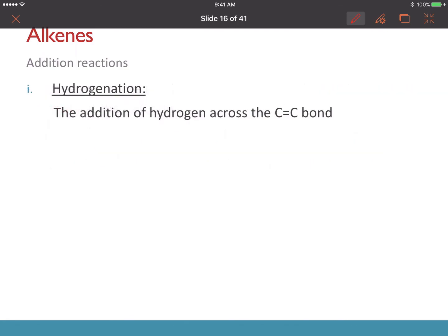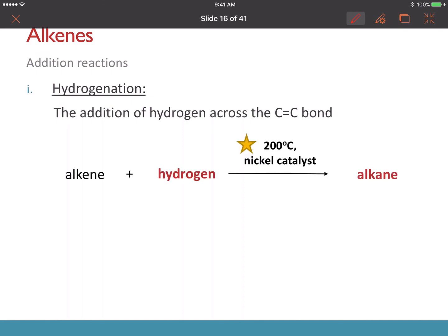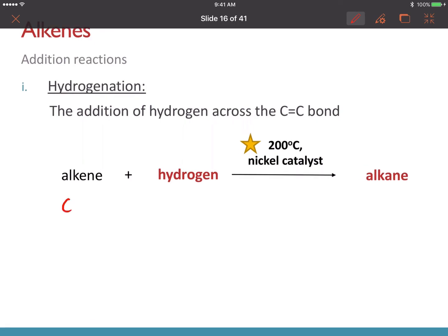Okay, let's take a look at some examples. For example, hydrogenation. Based on the name, you should know that it's the addition of hydrogen across the CC double bond. So, when we add hydrogen across the alkene, we get an alkane molecule. For instance, C3H6 plus hydrogen, that will give me C3H8.